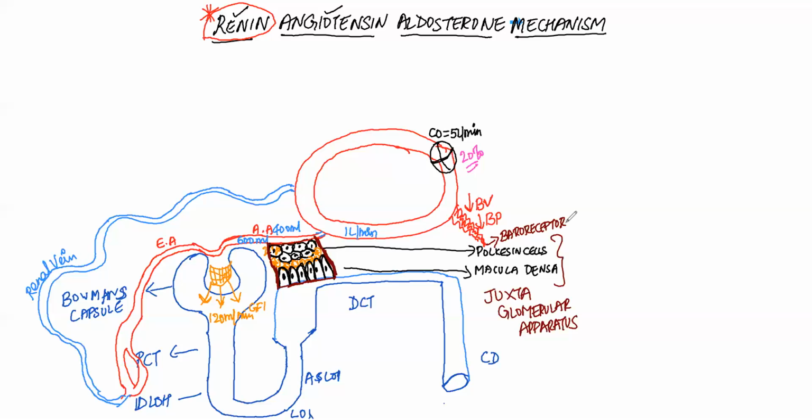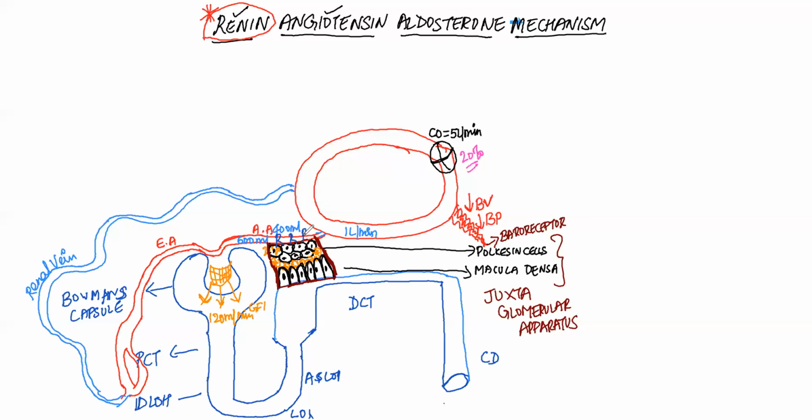But when there is certain trauma occurring, do you think 600 ml will be flowing through the efferent arteriole? No. 600 ml won't be flowing. It should be decreased, and it should be either around 400 ml, 350 ml, depending upon the severity of the trauma. So when these cells feel that there is something abnormal with the blood pressure, they cause the release of your first player in the renin angiotensin aldosterone mechanism, which is your renin.